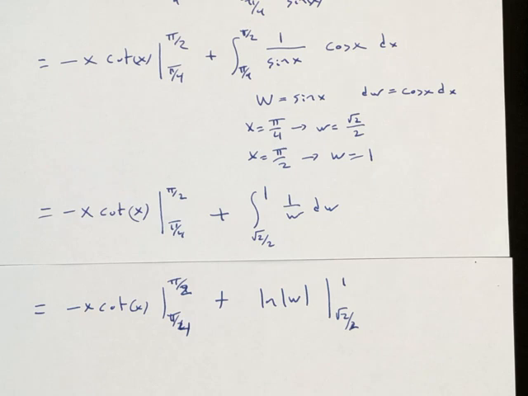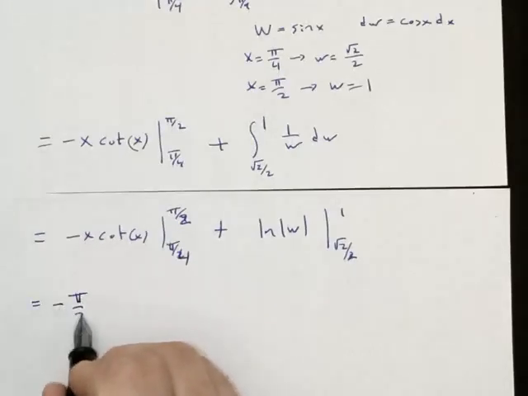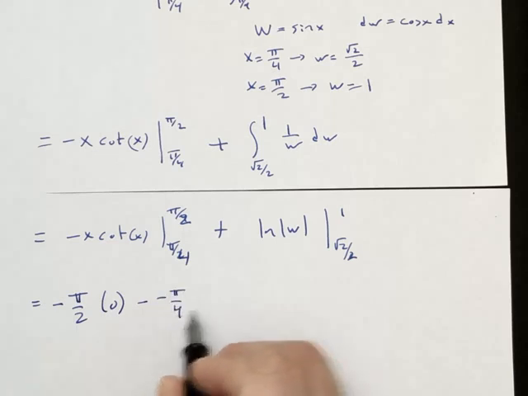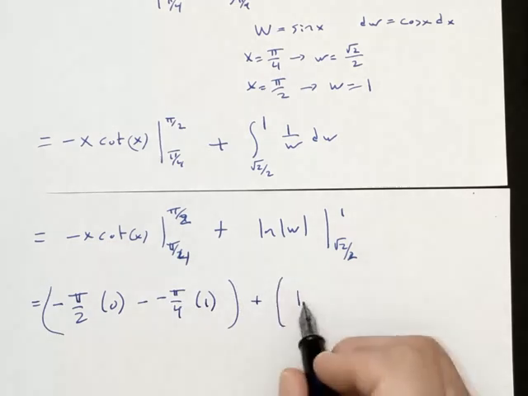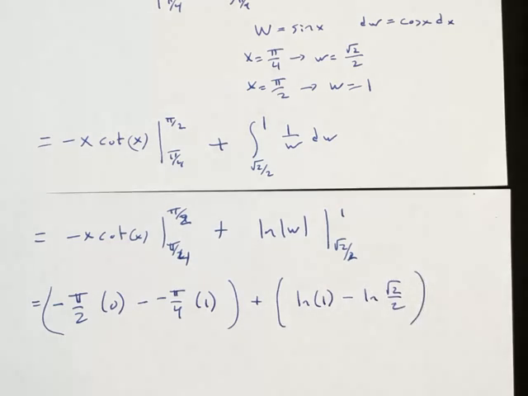So plugging these numbers is actually relatively straightforward. And this is like 1.13 if you plug it into your calculator and get a decimal.